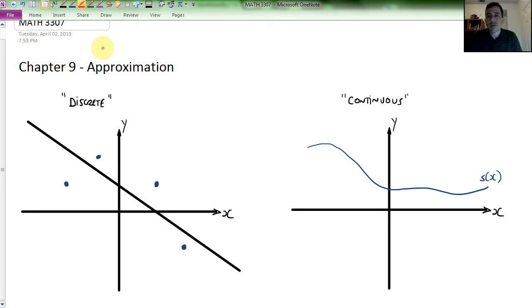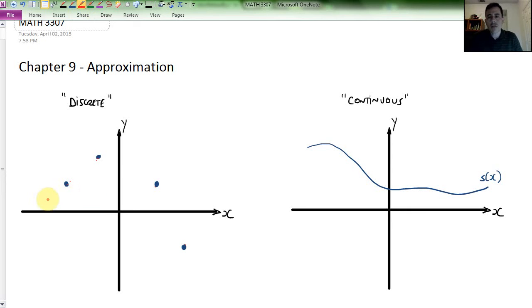But the idea is that this is the straight line that will minimize the distances from the points to the line. So if this is the line of best fit, this is the straight line that has those distances minimized.